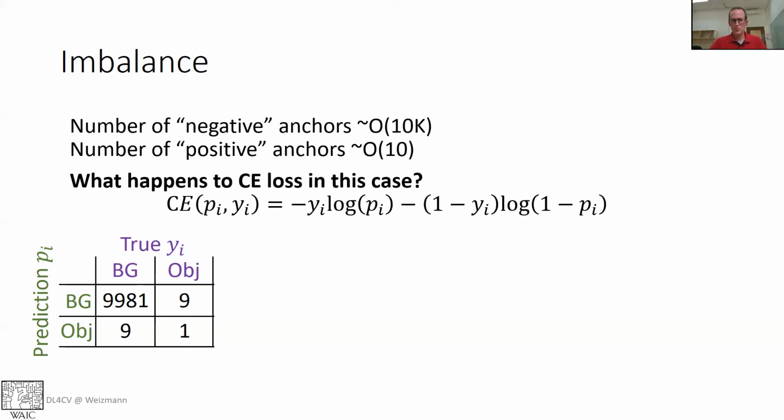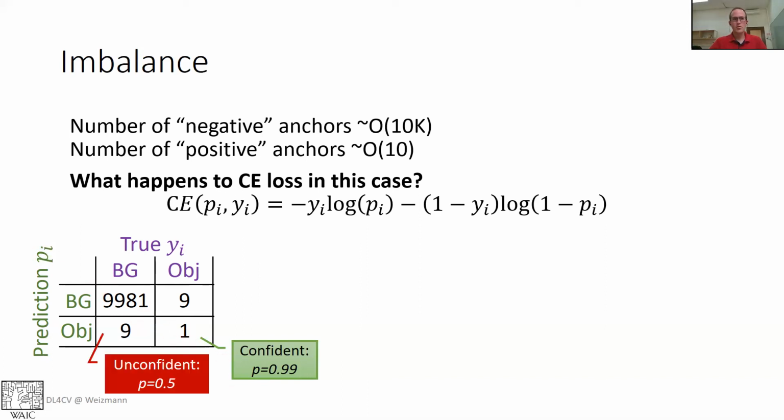How does the cross entropy look? Suppose we are very confident when we are correct, and we are very unconfident in the mistakes, so the probability is around 0, but slightly biased towards the wrong side for these mistakes the RPN makes.